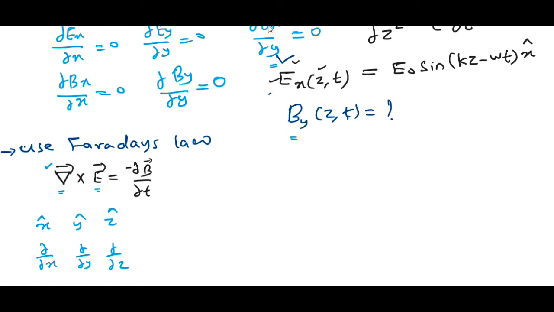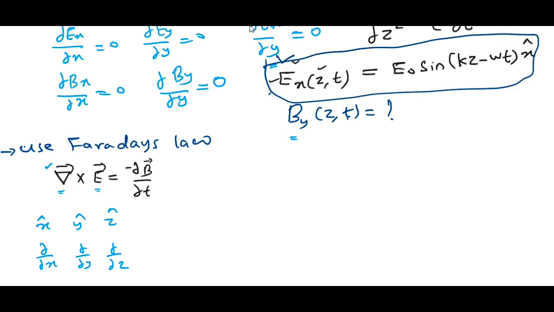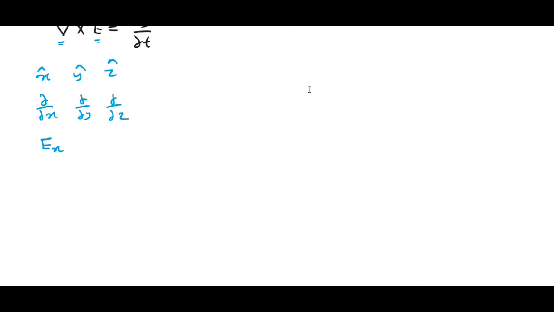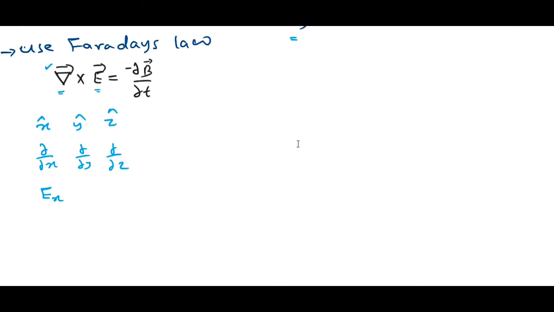That is why, while writing the curl of E, the Ex component is there, the y component is 0, and the z component is 0. The right hand side is minus dou B by dou t. For the moment, I am omitting the vector notation.